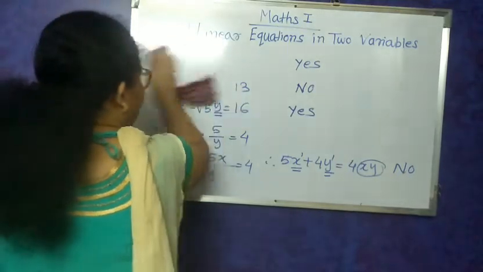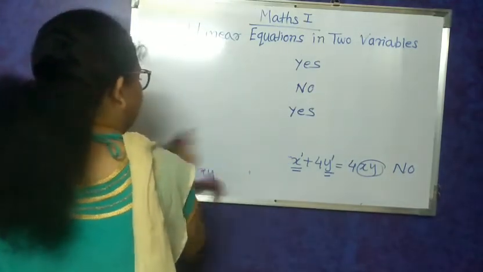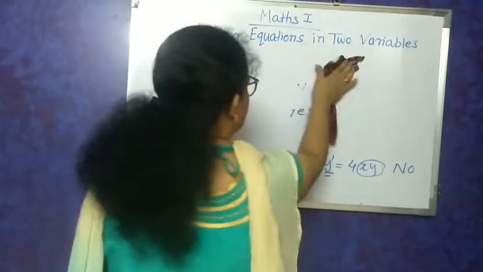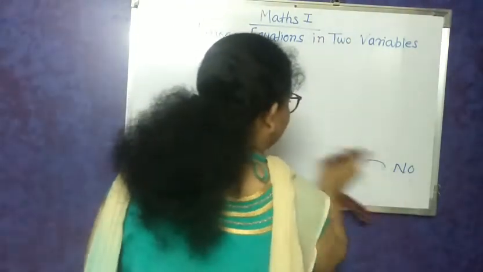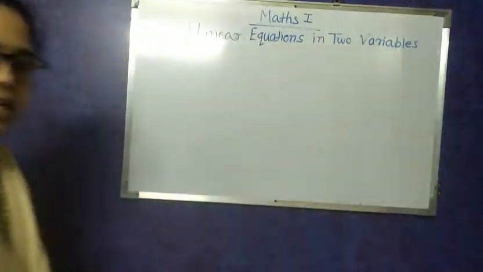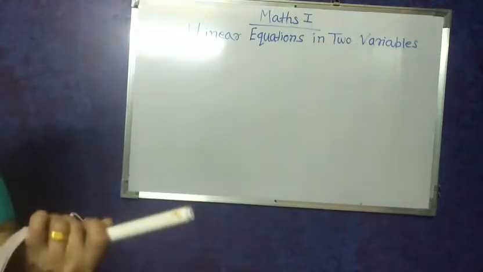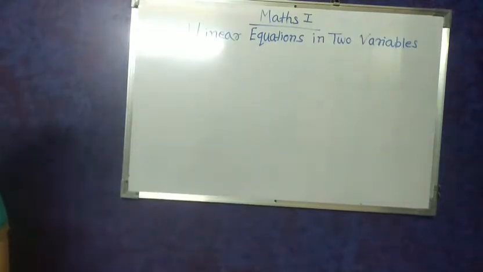Now we will see the next part, that is simultaneous equations. That means two equations are there that are linear equations with two variables, and how to solve them. Solving simultaneous equations means we have to find the values of the given variables.